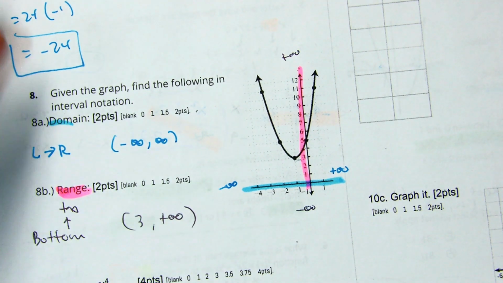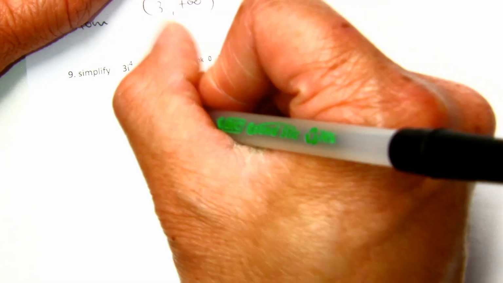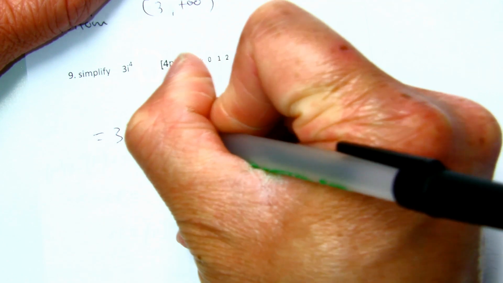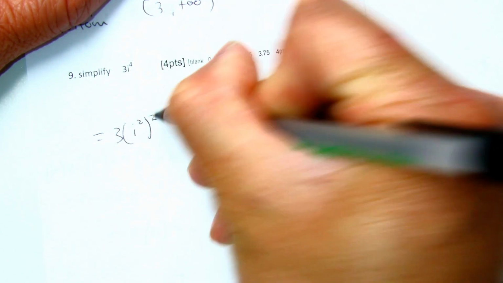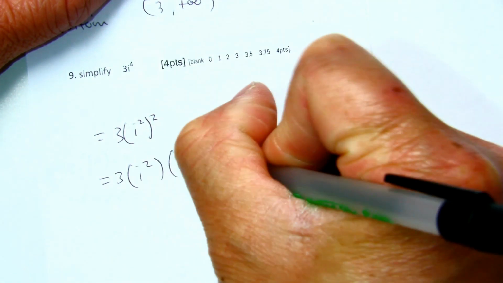Question number 9. Simplify 3i to the fourth. We can do this in a couple of ways. I think of i to the fourth as i squared to the power of 2. Now, if that doesn't make sense to you, you can also do just i squared times i squared.